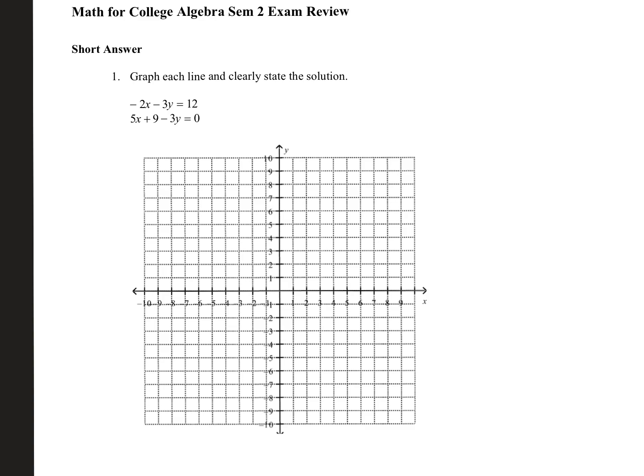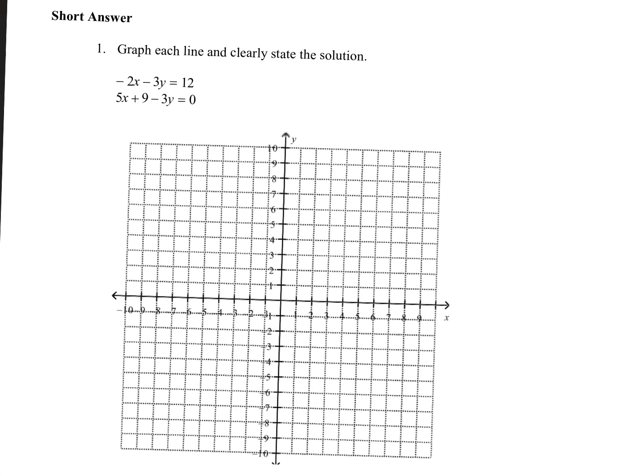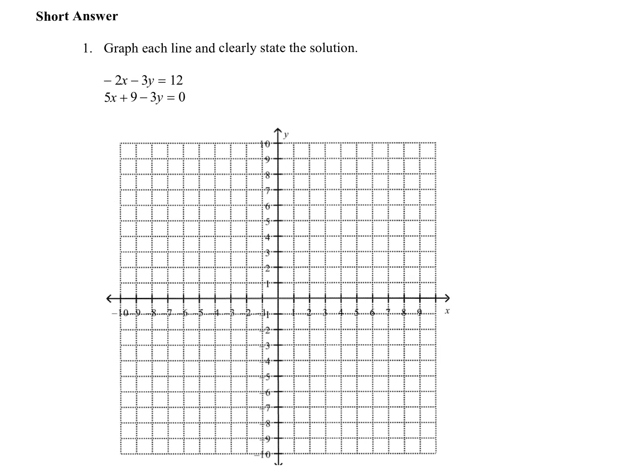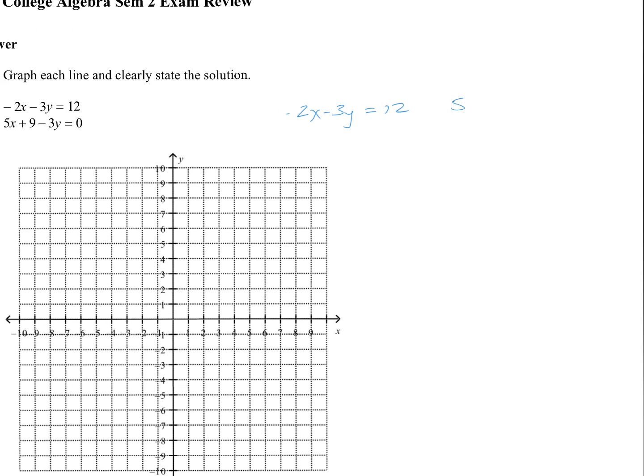So if you have a question like number one, graph the line and state the solution. In order to graph a line, you have to have them in what kind of form first? Y equals mx plus b. Okay, so I have negative 2x minus 3y equals 12. And here I have 5x plus 9 equals, if I just move the 3 over, it becomes positive 3y.